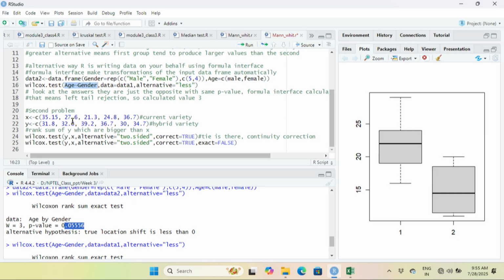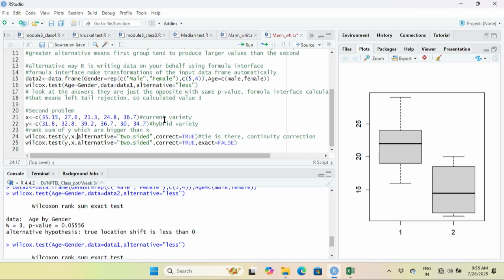So X is 35.15, 27.6, and so on and so forth. You are aware how to incorporate the values, and Y is this. Now wilcox.test, then it is two-sided, but remember 36.7 repeats twice, so there is a tie.